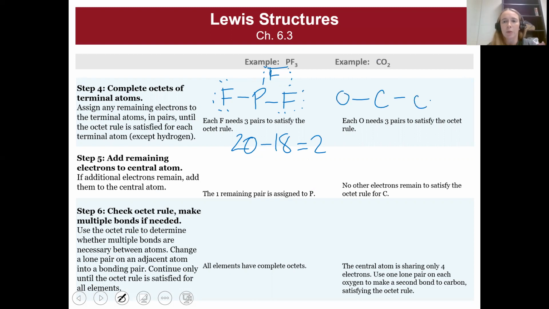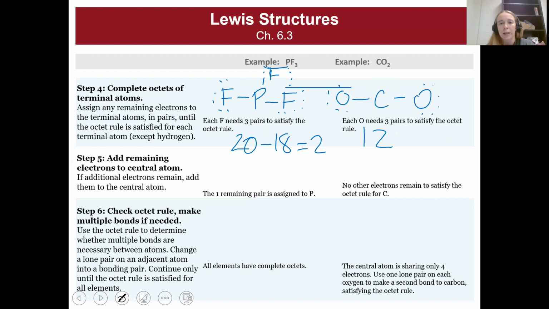So now we want to put all those electrons on our terminal atoms. So I'm going to give 3 lone pairs to, sorry, that's an electron that became a line for some reason. But we have 3 lone pairs on each oxygen. So we had 12 electrons to work with, and we put 3 lone pairs on each oxygen atom.